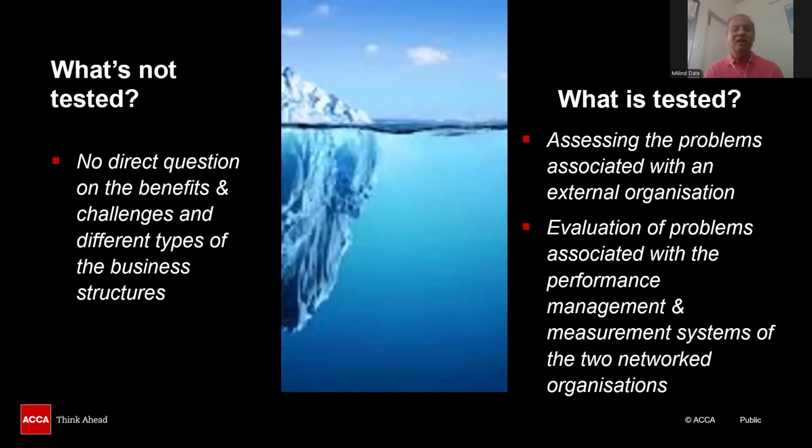One, problems that are associated with an external organization being a part of your network, making the business structure really complex. And second, the two areas of performance measurement and management: how the complex business structure systems are set and what impact that system could create actually on the performance.